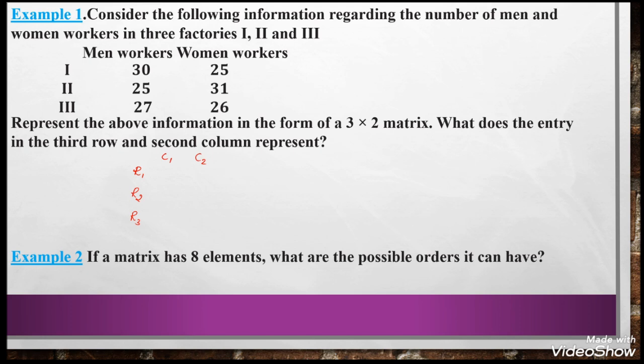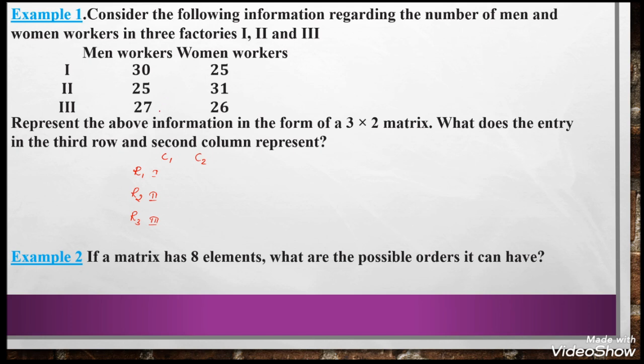Now, what does the entry in the third row and second column represent? Here they have given R1, R2, R3 as three rows and C1, C2 as two columns. Here there are men workers in three factories. I can take the rows as the first factory, second factory, as well as the third factory.